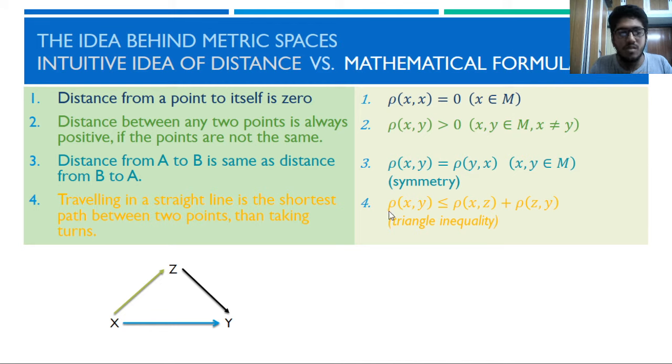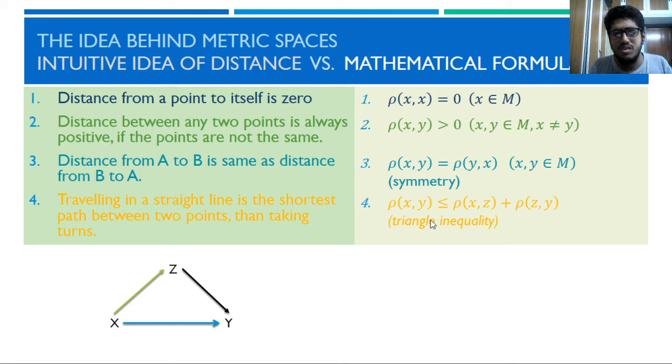Now let me reread it in this way. Straight line distance from x to y is less than or equal to straight line distance from x to z and then from z to y. It is trivial that if you look at the image, there is a triangle formed, and that's why this particular condition is called triangle inequality.